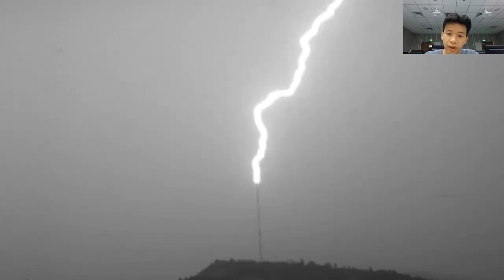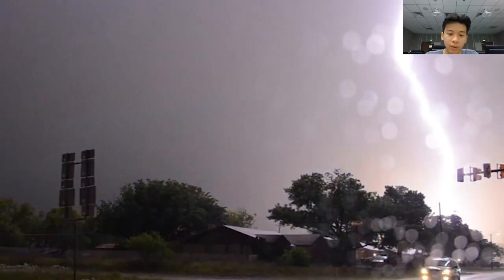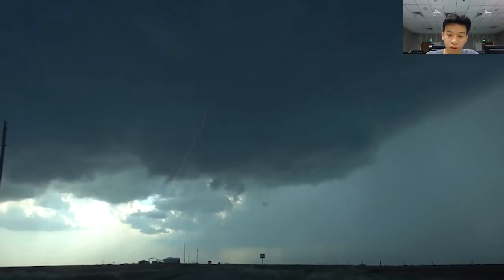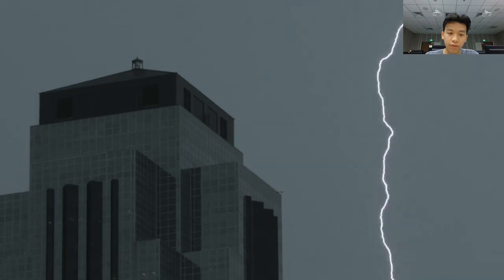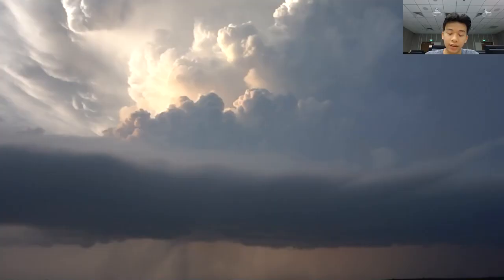After the step leader and the streamer meet, the ionized air has completed its path to the earth, leaving a conductive path from the cloud to the ground. And of course, the result is a flash, bright and very hot, between the cloud and the ground, and that is lightning.